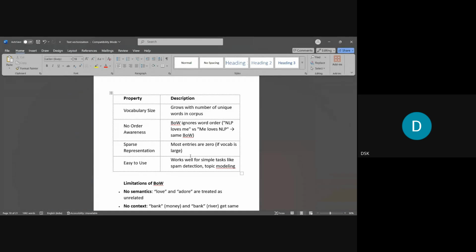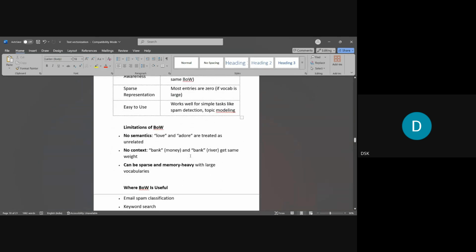Sparse representation means most entries are zero if the vocabulary is large. It is also easy to use. It works well for simple tasks like spam detection, topic modeling, etc.